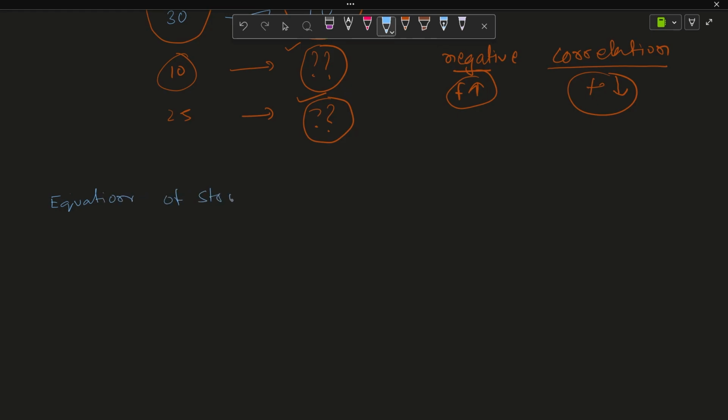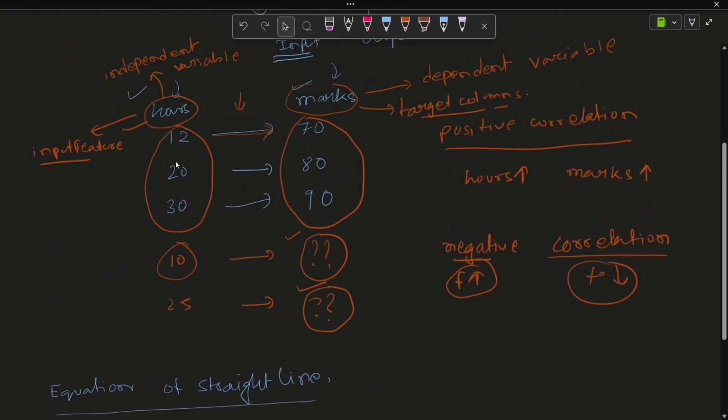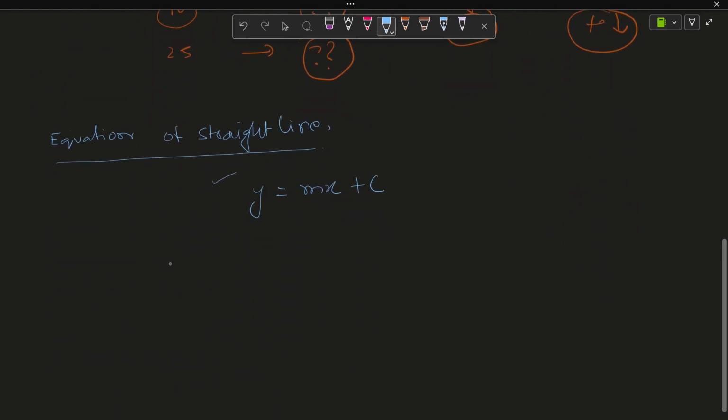Straight line. You have studied this in your childhood. So what is the equation? y equals mx plus c. So why this equation all of a sudden? If you start plotting this input hours to marks, you will find it like this.